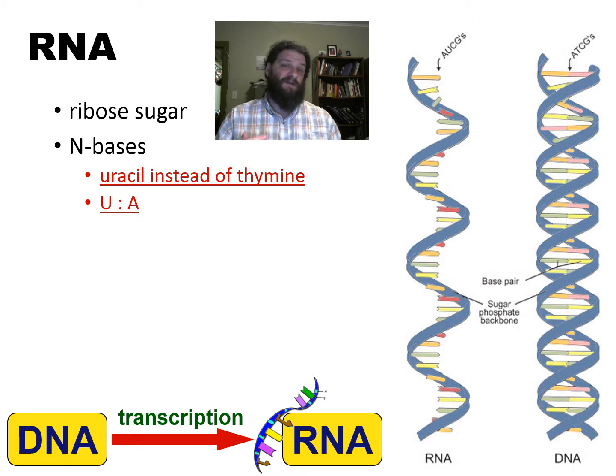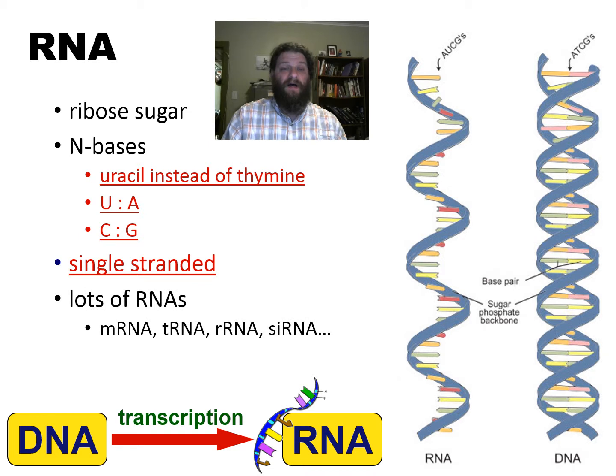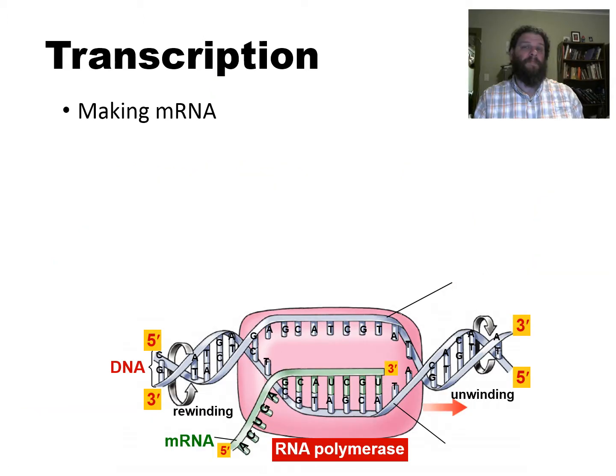So you're going to find uracil and adenine, or U and A, are the complements, and C and G, just like in DNA. RNA exists very nicely single-stranded. And there's lots of different types of RNA: messenger RNA, transfer RNA, ribosomal RNA, silencing RNA, microRNA. There's all kinds of different RNAs now. It's a hotbed of research these days.